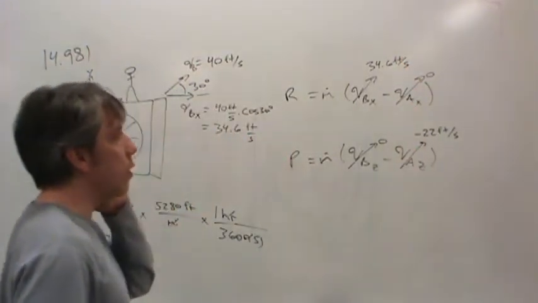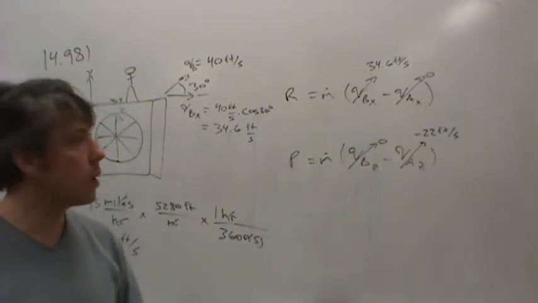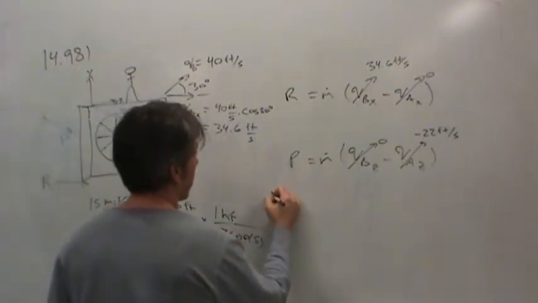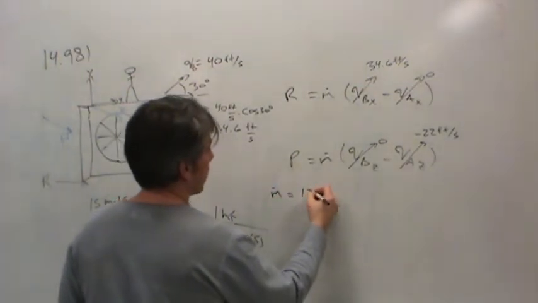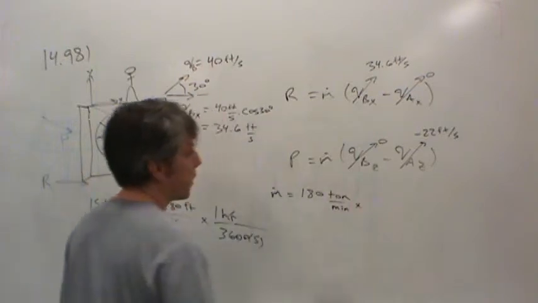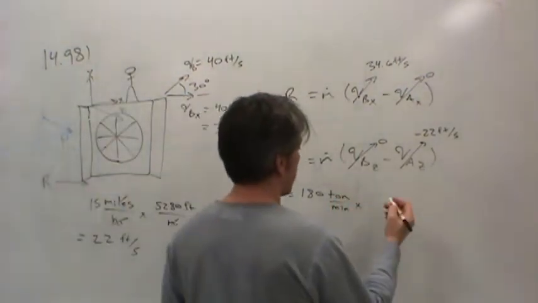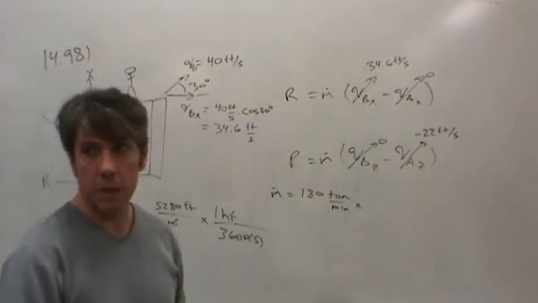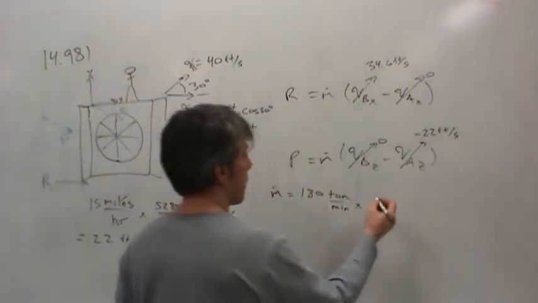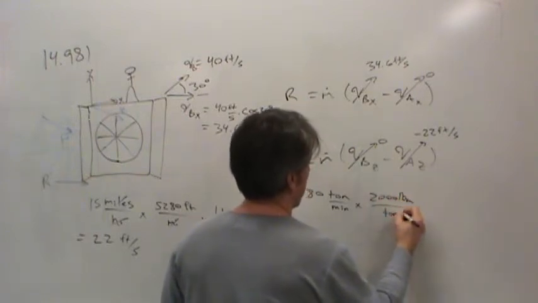So now we have all that we need, except we need the mass flow rate. What did they say the mass flow rate was? 180 tons per minute. Okay, so let's work with that. Mass flow rate, 180 tons per minute. Now that's probably not the best unit, so let's convert tons to pounds mass. Do you know the conversion factor? 2,000 pound mass per ton.